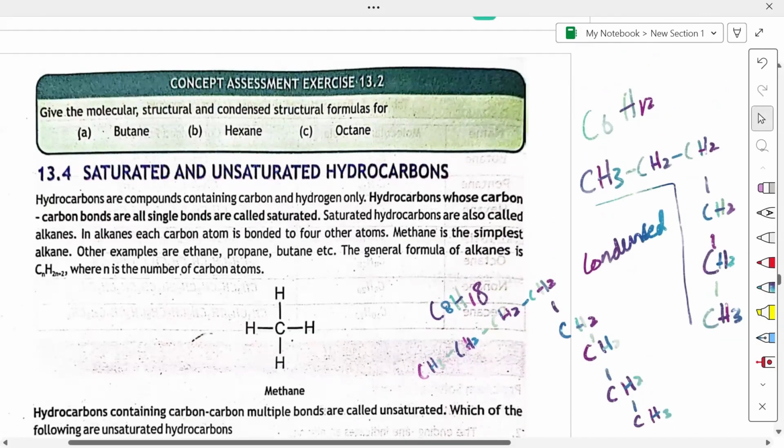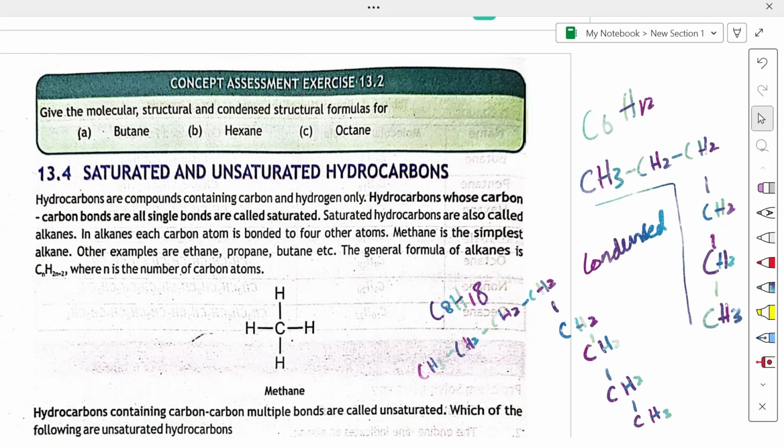That's it. Next is saturated and unsaturated hydrocarbons. We have already discussed this at the start. What is the difference between saturated and unsaturated hydrocarbons? Hydrocarbons that have single bonds are saturated, and hydrocarbons that have multiple bonds are unsaturated.